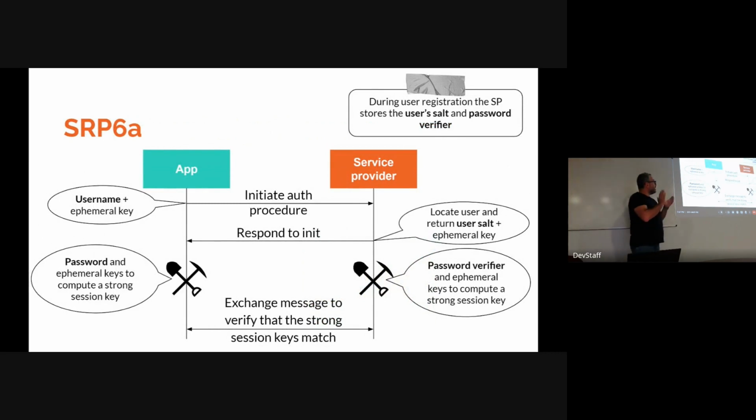So let's see how this protocol works. Let me introduce to you SRP6A. This is a PAKE protocol. This protocol was implemented at Stanford. Unfortunately, all PAKE protocols are heavily patented, all methods, everything.